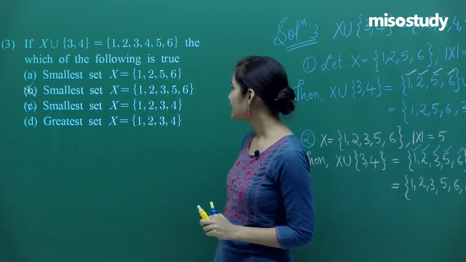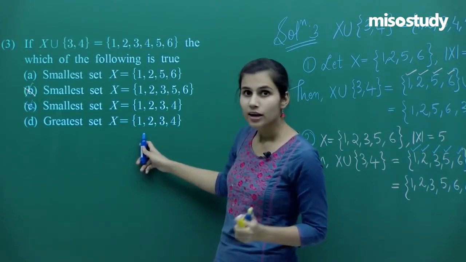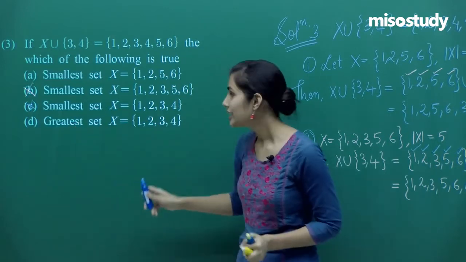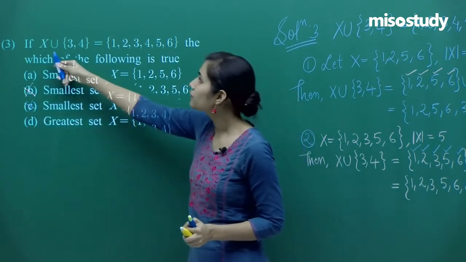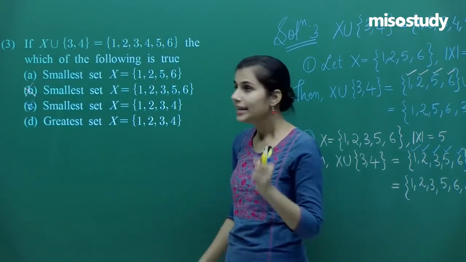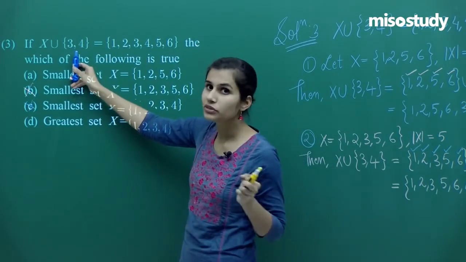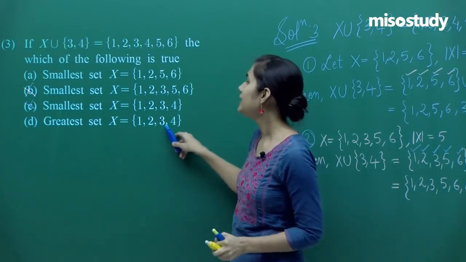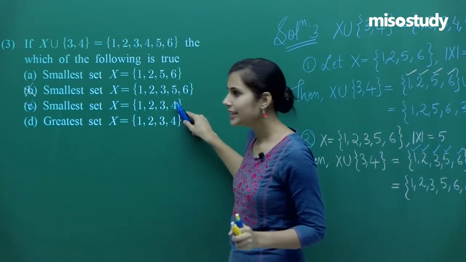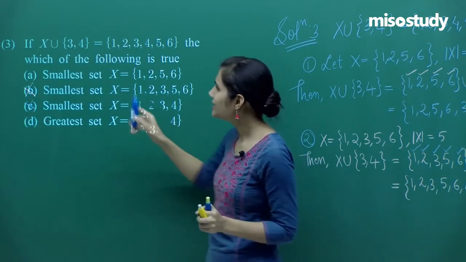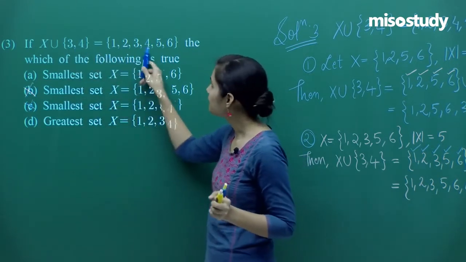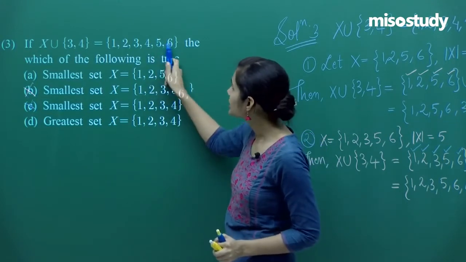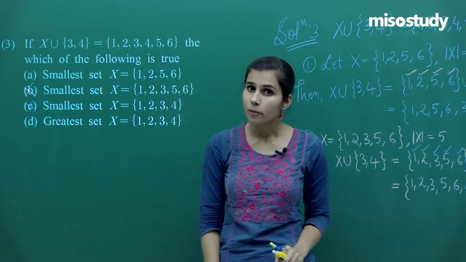Let's go to the greatest set, which is this again. Well, for it to be the greatest set or the smallest set, first it has to satisfy this particular condition that on being united with {3, 4}, it should give me this set. But we have already verified in option C that {1, 2, 3, 4} when taken union with {3, 4} is definitely not going to give me the right hand side set because the members 5 and 6 won't be obtained.